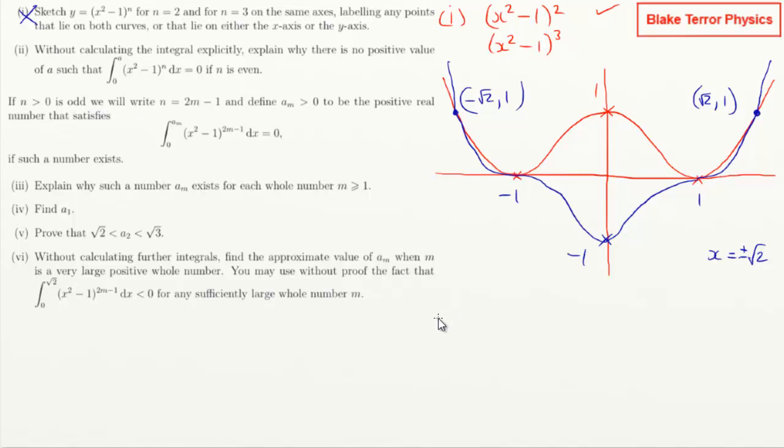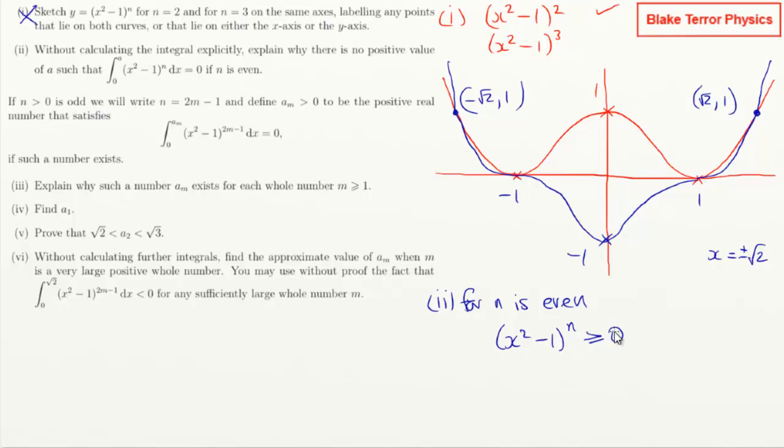Part 2: without calculating the integral explicitly, explain why there is no positive value of a such that the integral from 0 to a is equal to 0 when n is even. Okay, right, so as in the red line and variants of it. So for n even, then we can say that (x squared minus 1) to the n is always greater than or equal to 0.